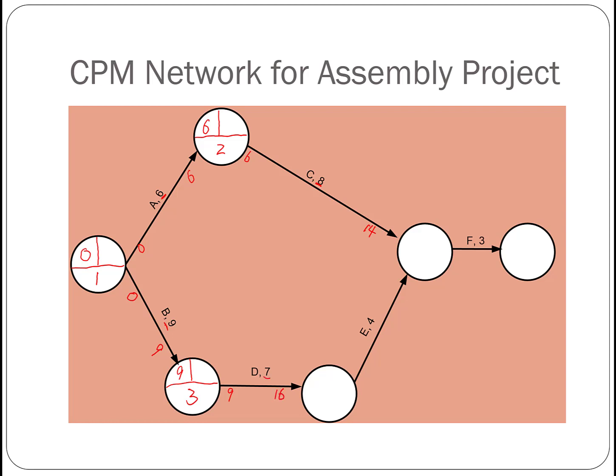So we get day 16 as the early finish date of our activity D. And that also translates to our node 4, the event being D is complete, 16. And that 16 will come here to represent the early start time of activity E, and plus this 4 days gives us that we can complete activity E on day 20.